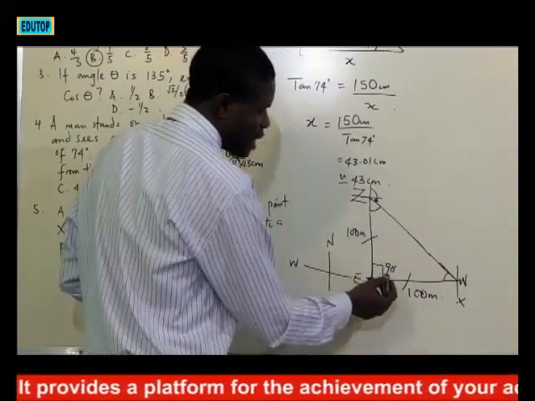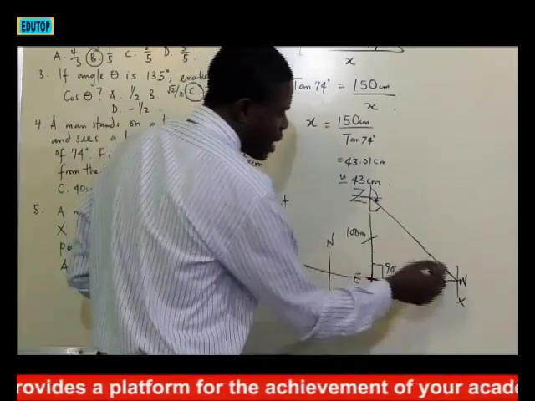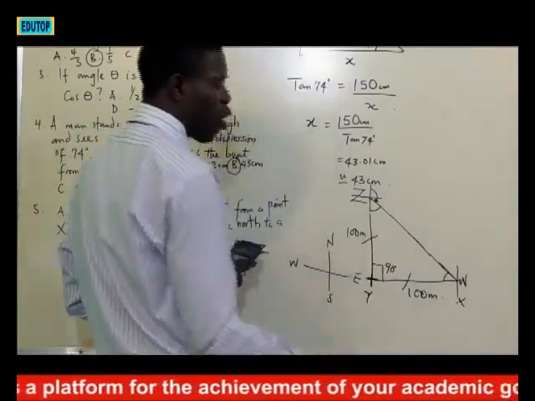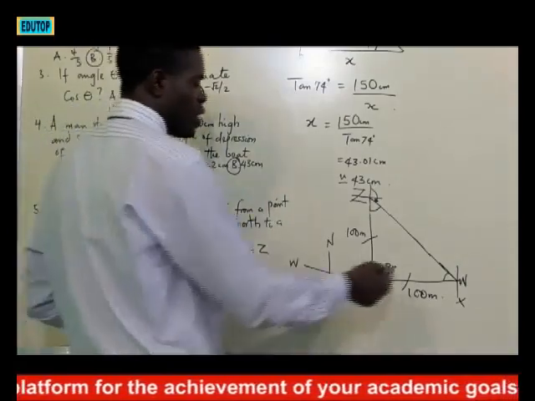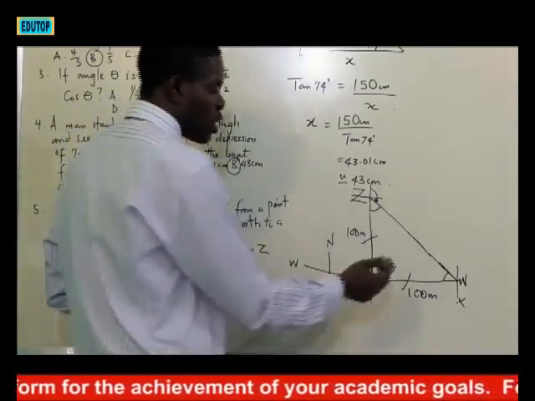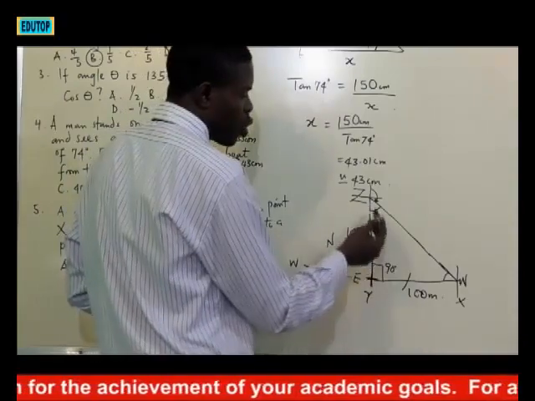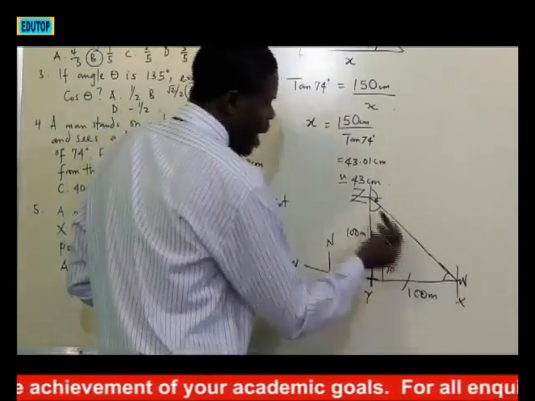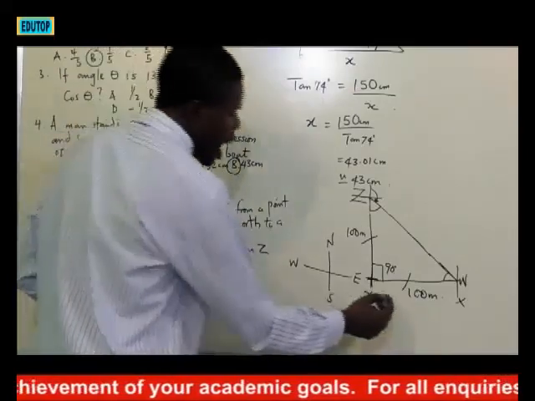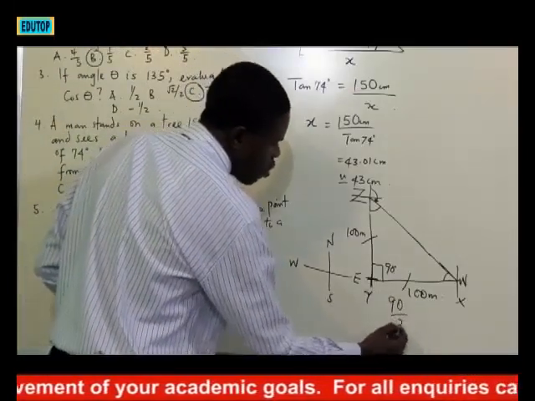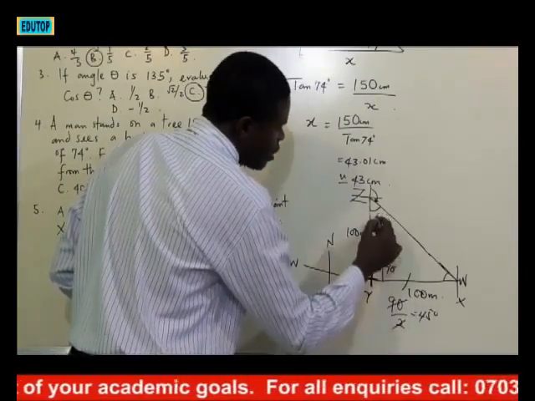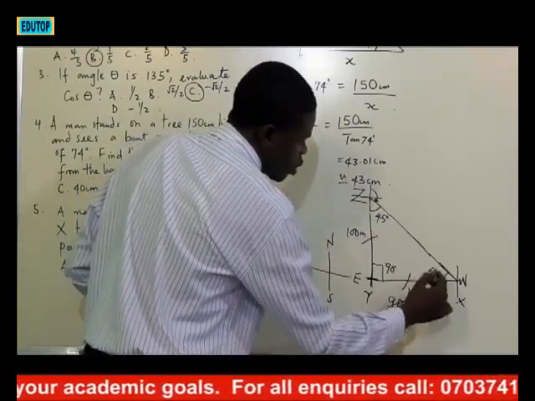That means the sum of this and this will definitely be 90, because 90 plus 90 will make up 180 degrees, which is the sum of angles in a triangle. So 180 minus 90 will give us 90. So 90 will be shared between these two angles, since the base angles of an isosceles triangle are equal. And if you share 90 between two angles, 90 divided by 2 will definitely give us 45 degrees. That means this place is 45 degrees, and this place is also 45 degrees.